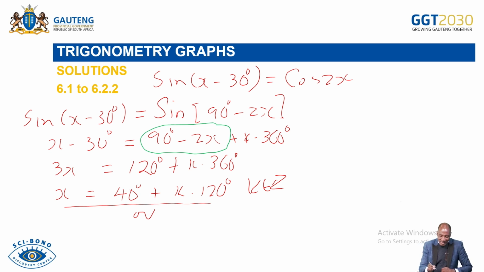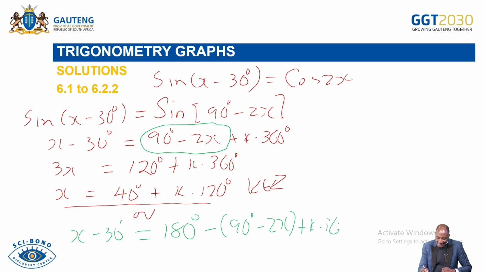Then what am I going to say now? I will say x minus 30 degrees equals 180 degrees minus this angle of mine, which is 90 degrees minus 2x, plus k times 360 degrees. Then again, you remove brackets.